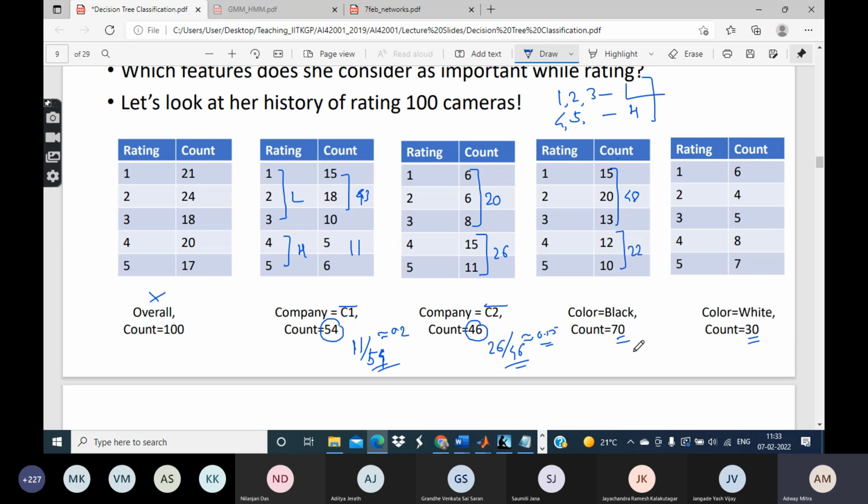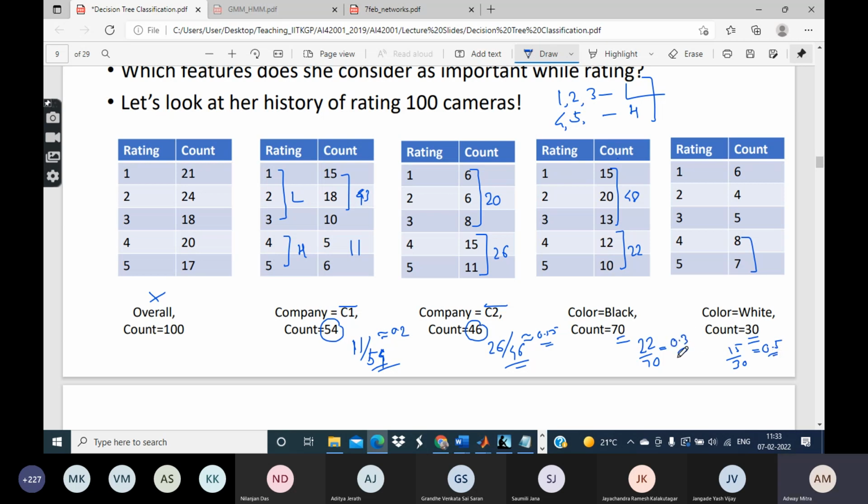So the probability of high rating among black cameras is 22 by 70. Among white cameras, it is 15 by 30, right? So in this case, this one is 50%. This seems to be definitely only 30%, right?